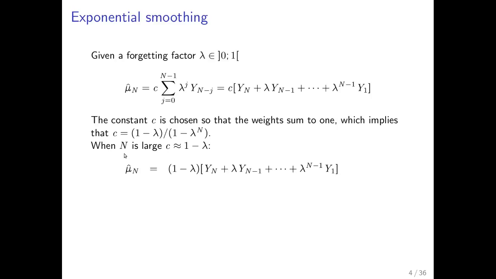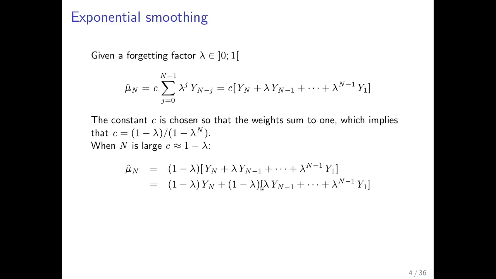So when n is large, what we get is the exponential smoothing, where the mean value estimate is effectively 1 minus lambda as a multiplier, as a weight to scale to sum to 1, multiplied on the scaled observations. Now if we split that after the first observation, we have 1 minus lambda times the most recent observation plus 1 minus lambda times all the previous observations.